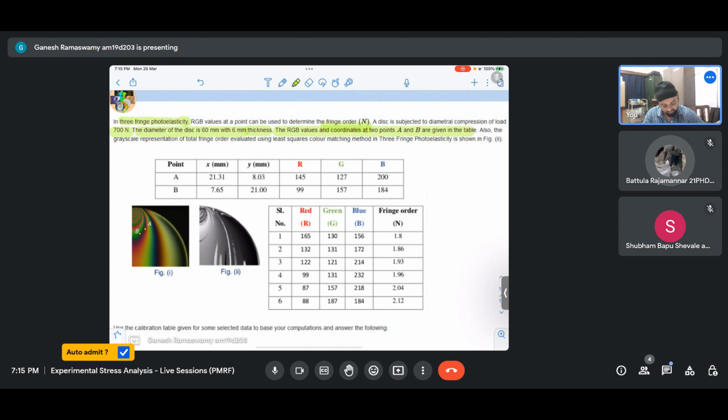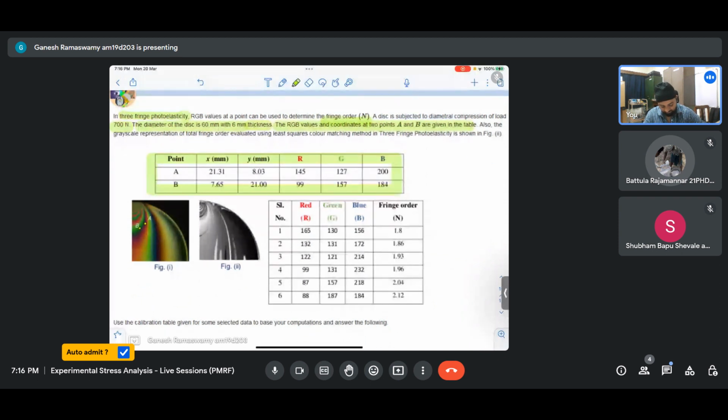This is the table. So essentially what we have done is we have loaded a disk under diametral compression, taken 1/4 of it, and at two select points A and B, which we know according to our calculated origin and magnification factor obtained from our image processing, we know that at these coordinates we can just type in from the image, which is nothing but a matrix of intensities.